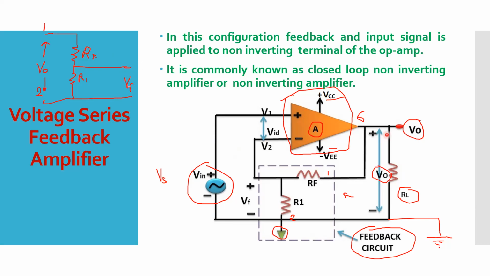Can you tell me what will be the value of voltage VF here? Can you see this diagram? I'm just showing you the connection of RF and R1 in a different type of diagram. What will be the voltage VF? How is the voltage divider rule applied? That's what I'm asking you.